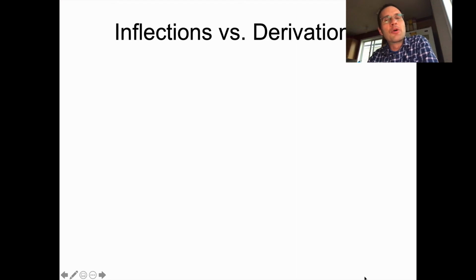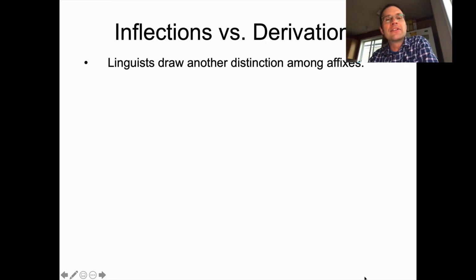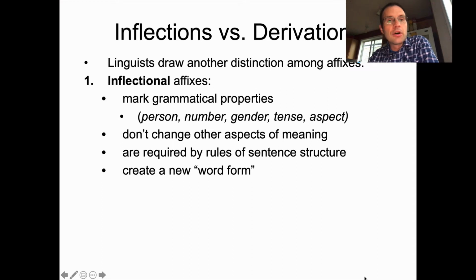A more fundamental distinction, aside from where the affixes actually attach in a word, is the distinction between inflections versus derivations, or inflectional affixes and derivational affixes. So, like I said, this is fundamental, and I'll walk you through the basic properties that each of these kinds of affixes have.